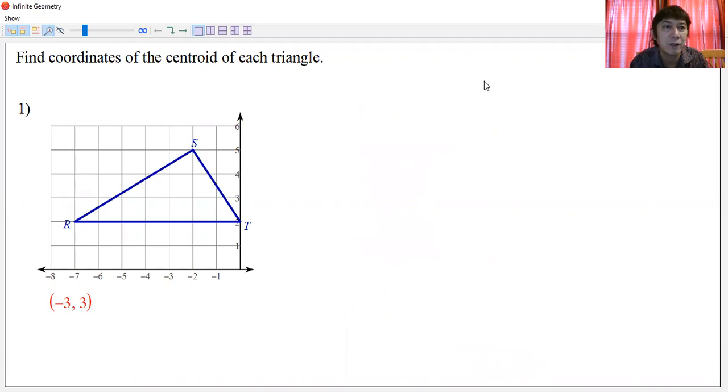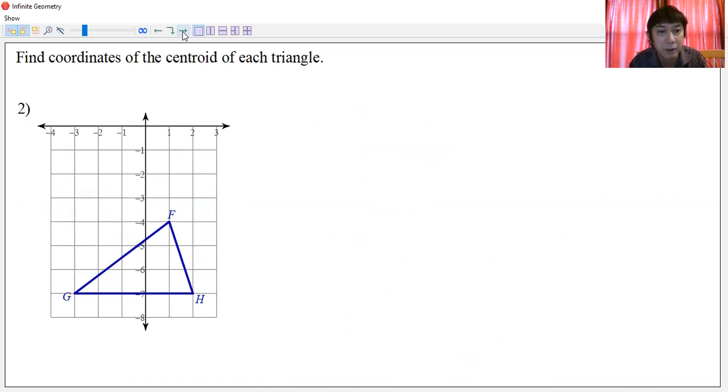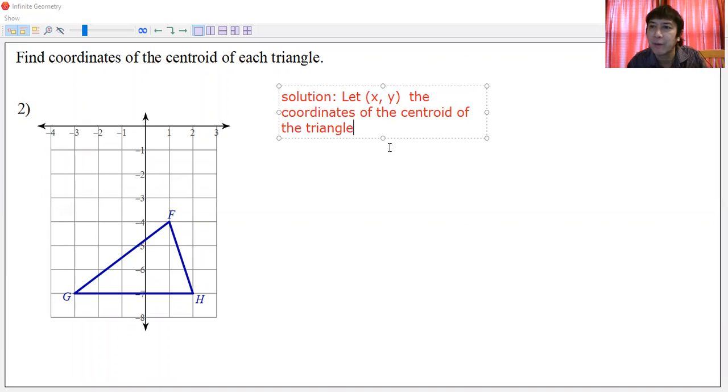Let's clear the screen. Continue with the next triangle. Here's our next triangle. We have the vertices FGH. So we're going to have the solution, and then of course the assignment for the variables.